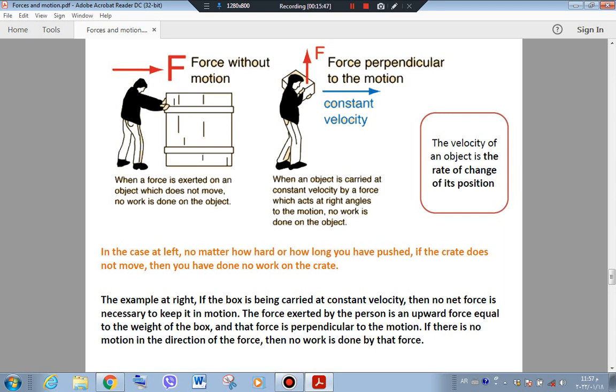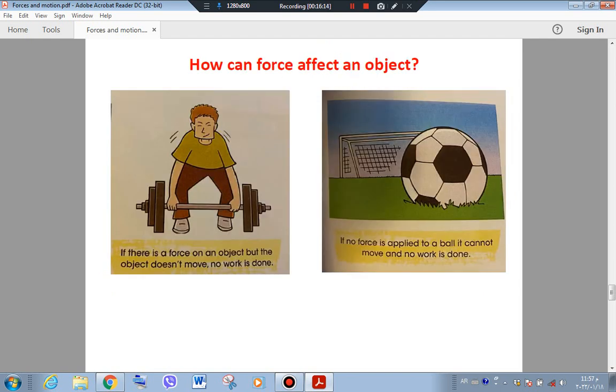There's no motion for the box. We call it constant velocity. Therefore the position is not changing. So we call this zero work as well, because there is no motion and no change. Therefore that man has done nothing.